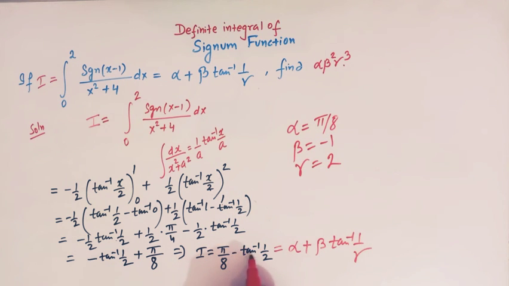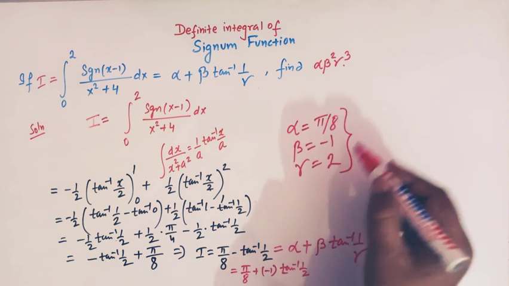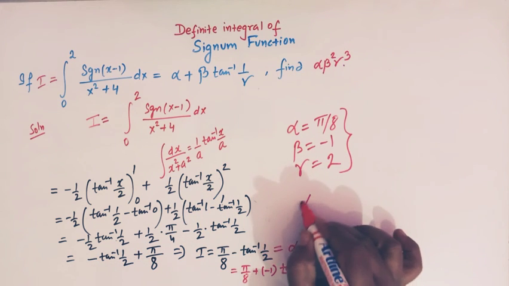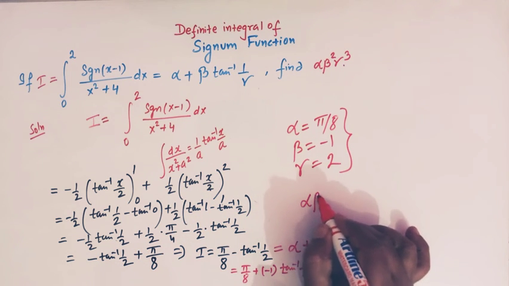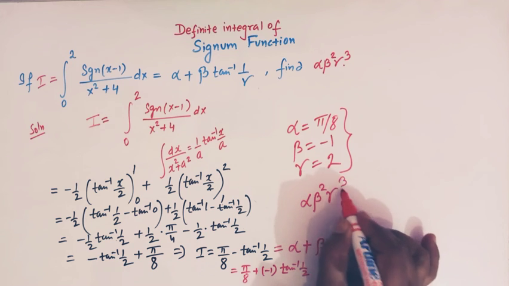So here we have minus tan inverse half, which can also be written as pi by 8 plus minus 1 tan inverse half, right? So alpha is pi by 8, beta is minus 1, and gamma is equal to 2, right? And now we have to find the value of alpha times beta square times gamma cube.